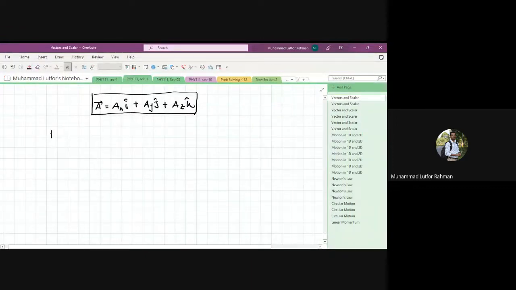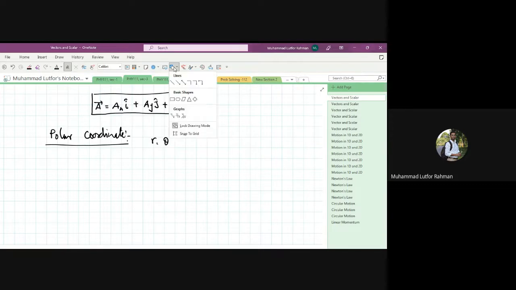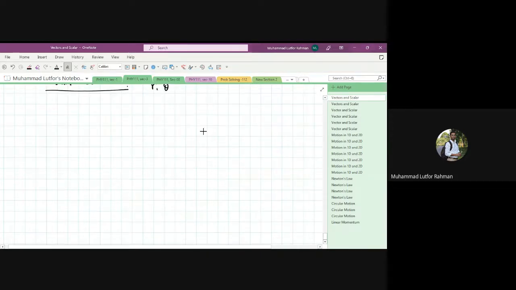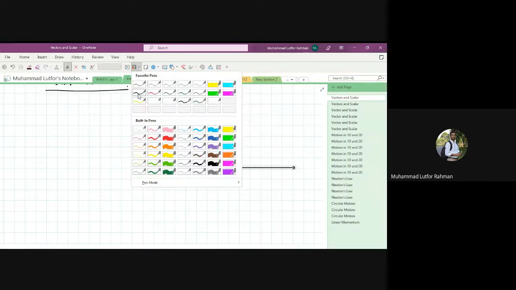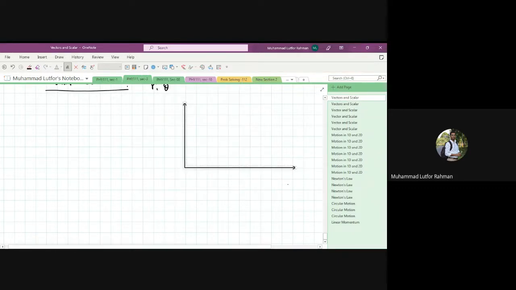Say that in polar coordinates the variables are r and theta, right? If you draw a polar coordinate system, I will use the reference of our Cartesian coordinate system, because it is very familiar to us. This is my x-axis, this is my y-axis.